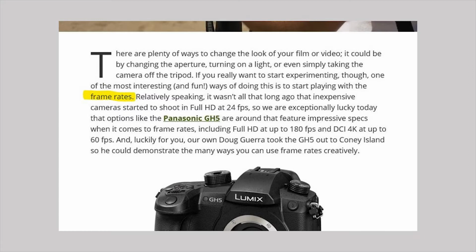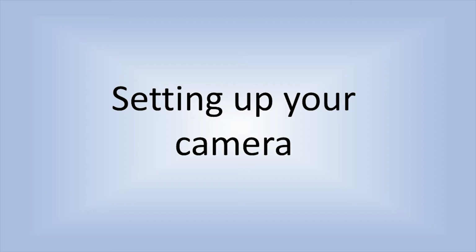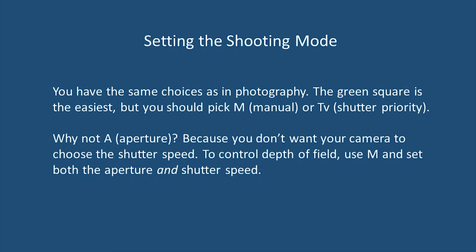Anyhow, if you can keep frame rate versus shutter speed straight, you're ready to set up your camera. You don't need to take your camera off the green square, but at some point you'll probably want to take more control over your work. You have the same choices of shooting mode that you do in photography, but you should pick either manual or shutter priority. Why not aperture?